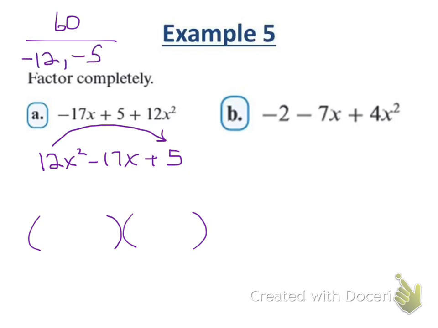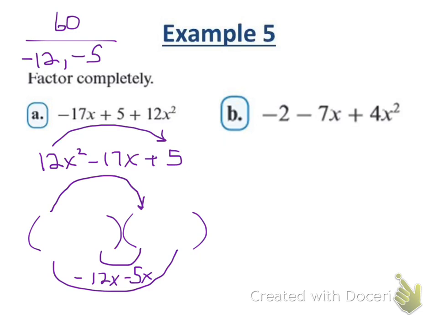That means that these two products have to be negative 12x and negative 5x. And that's going to help me pick the factors. Now, we've got lots of choices for 12, right? 2 and 6, 3 and 4, 1 and 12. 2 and 6 won't work because I can't get 5 from 2 or 6.